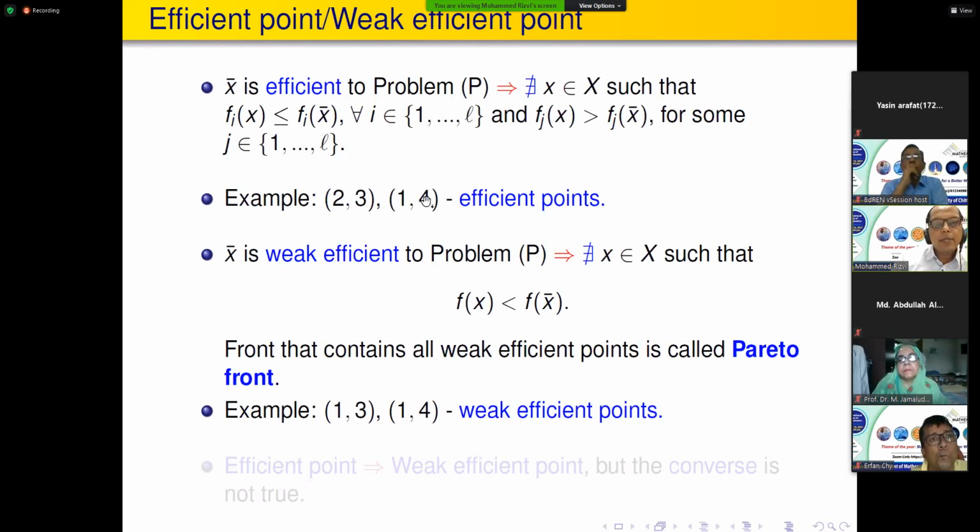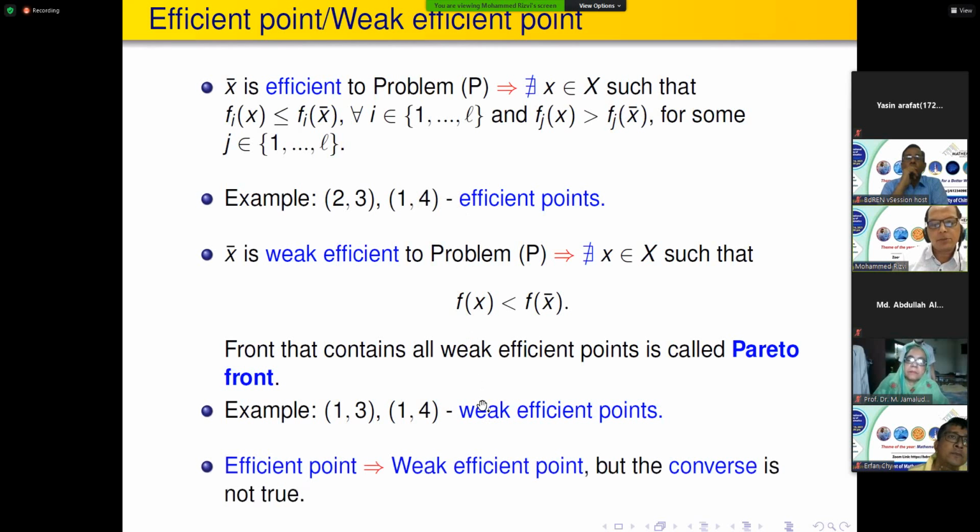At the same time, I can build a relation here. Every efficient point is a weak efficient point, but the converse is not true, because the weak efficient point definition is more general than the efficient point. Now, another term we use is Pareto front.